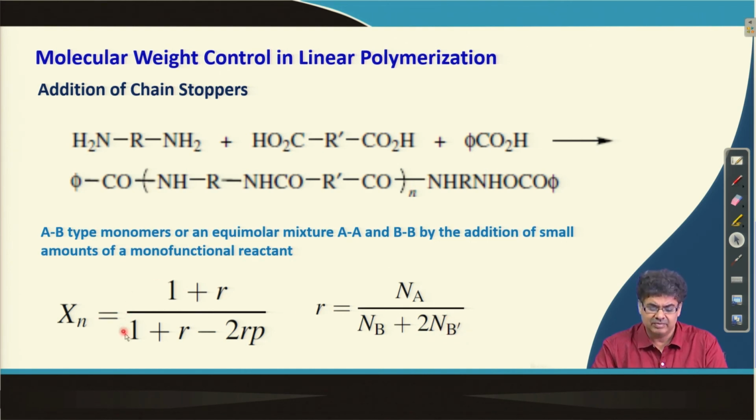We use the same equation to find the average degree of polymerization, but we modify the expression for R as Na divided by Nb plus 2 Nb dash. Na equals Nb because we have taken an equimolar mixture of AA and BB, or an AB type monomer.